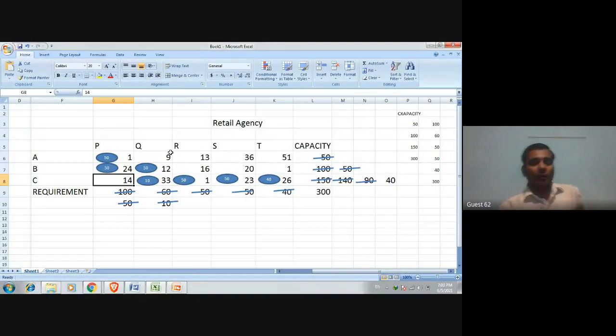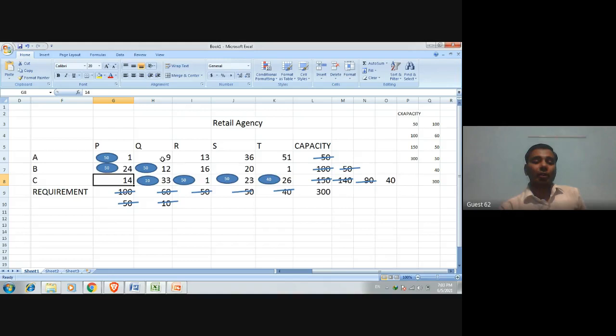It means to send 50 units, the per unit cost is 1. To send 50 units from B to P, the per unit cost is 24. And from B to Q, the per unit cost is 12. Okay.